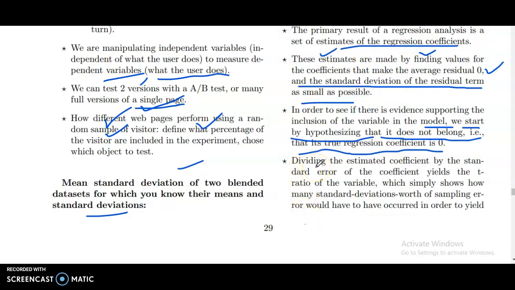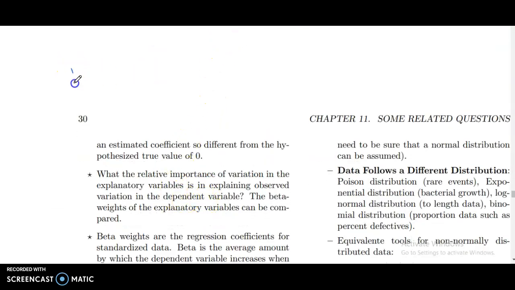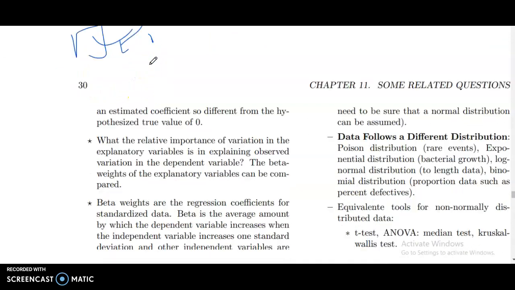Dividing the estimated coefficient by the standard error of the coefficient yields the t ratio of the variable, which simply shows how many standard deviations' worth of sampling error would have to occur in order to yield an estimated coefficient so different from the hypothesized true value of 0.